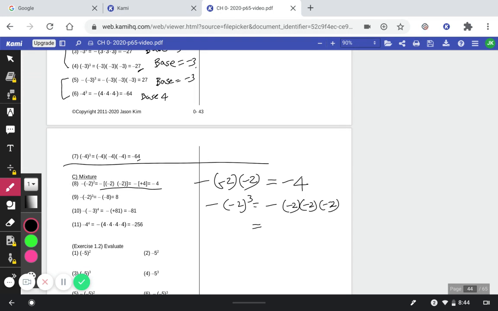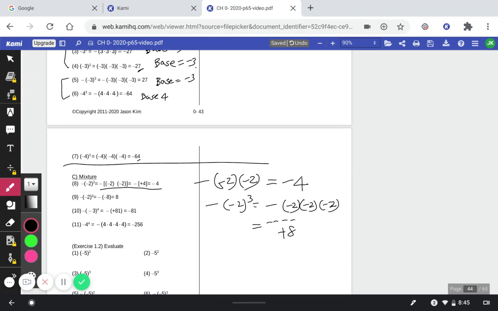When you do the product of signed numbers, which we learned in the previous video, 2 times 2 times 2 is 8. And how many negatives do you have? 4 negatives. So 4 negatives become positive 8. Okay? Make sense?